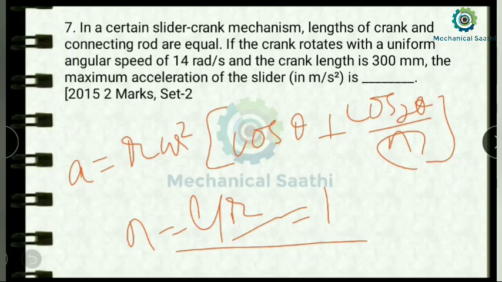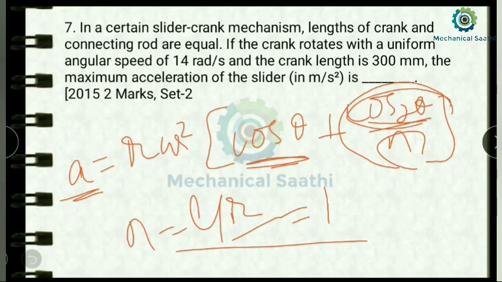Here we need to find the maximum value of acceleration. Acceleration will be maximum when this cos theta value will be equal to 1, and this cos 2 theta will also be equal to 1. Then cos theta will be equal to 1 when theta will be equal to 0.